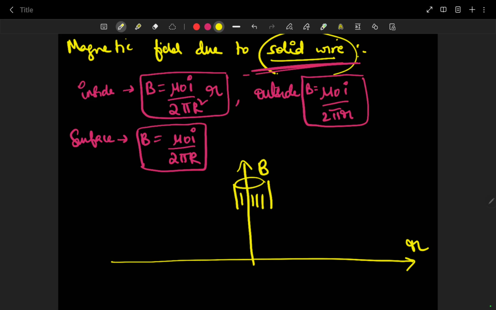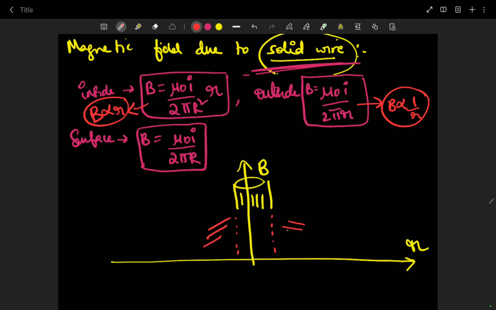Following the same explanation, can you see how the B relation is from here and how it is from here? Outside the wire it is inverse. Till here it is inside and all this area is outside. So let's draw for outside. It will remain the same as the previous graph because B and r are inversely proportional.